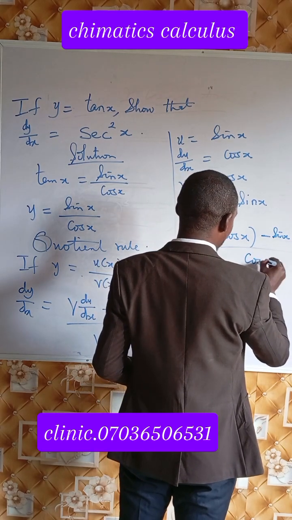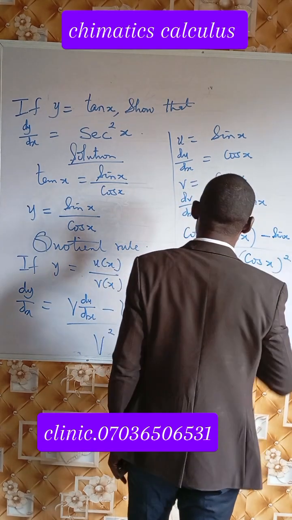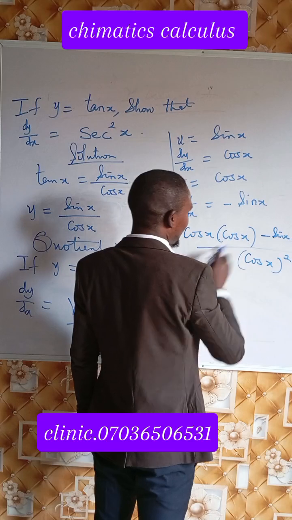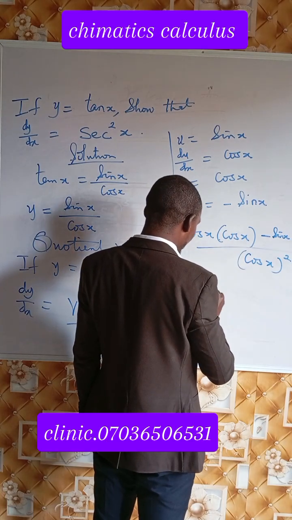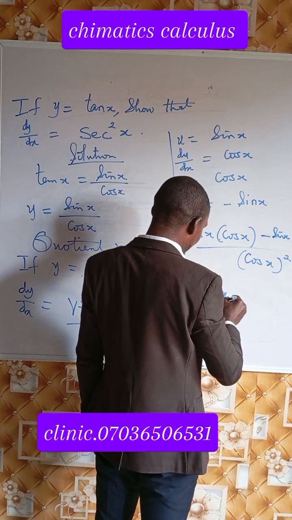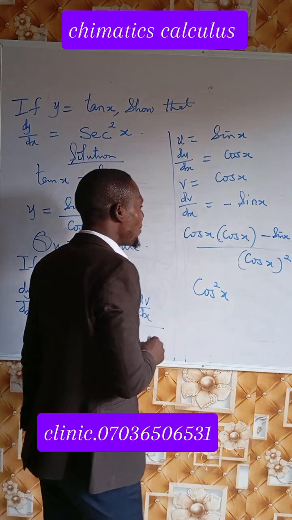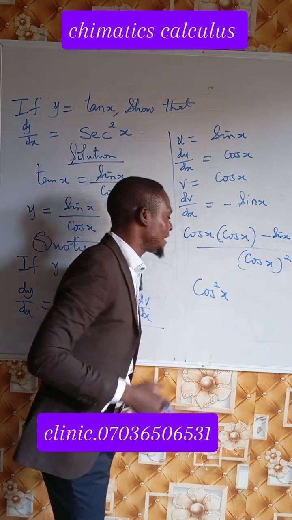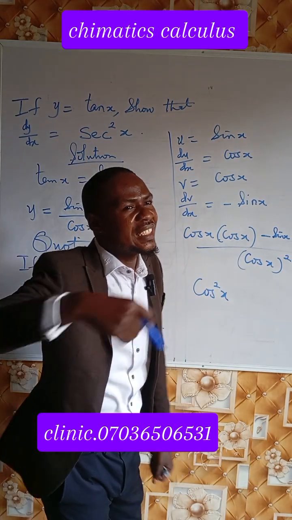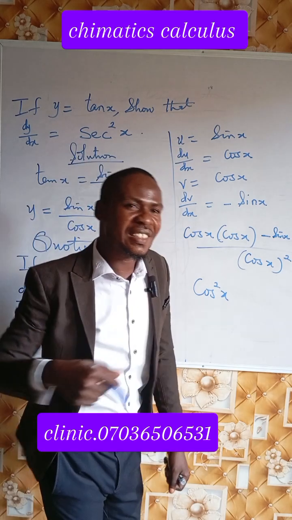That is cos x times cos x, which is cos square x. Please, when you multiply cos x by cos x, it is not written as cos x squared, it is cos square x.